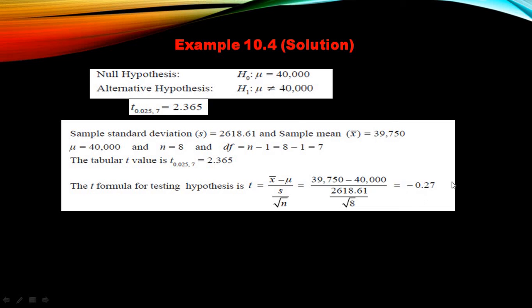This 0.27 is much less than the tabulated value. Since it is much less than the tabulated value, it's going to lie within the acceptance region. So once it is in the acceptance region, what's going to happen? We have to accept the null hypothesis.